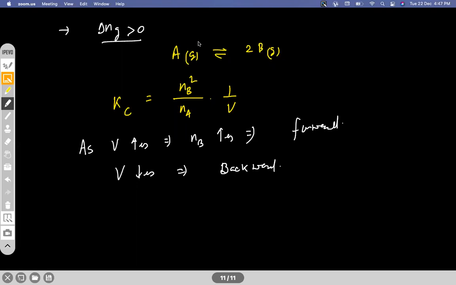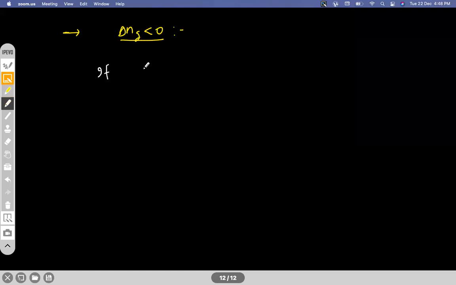So it is possible when this goes in the forward direction. Then only B forms, right? Got it? Yeah. Now the third and last case is when delta Ng is less than 0. Could you tell me what happens under this condition if volume increases and volume decreases?